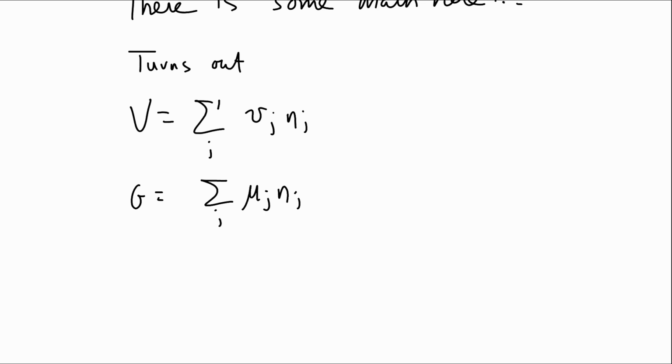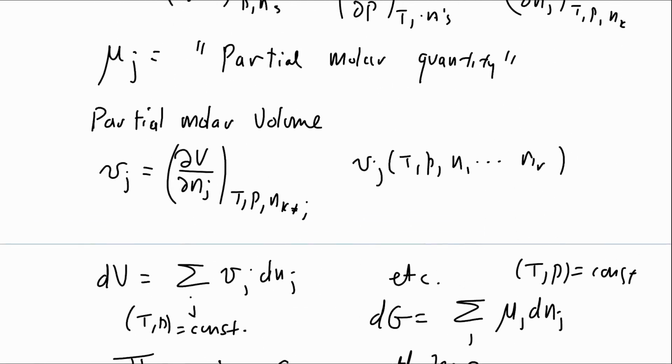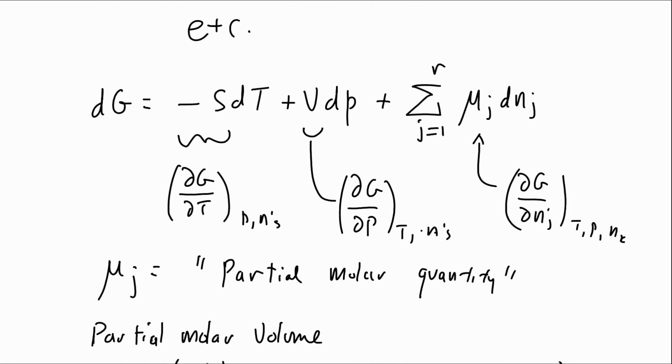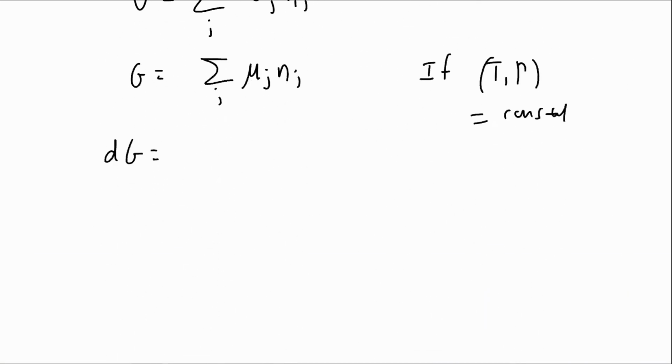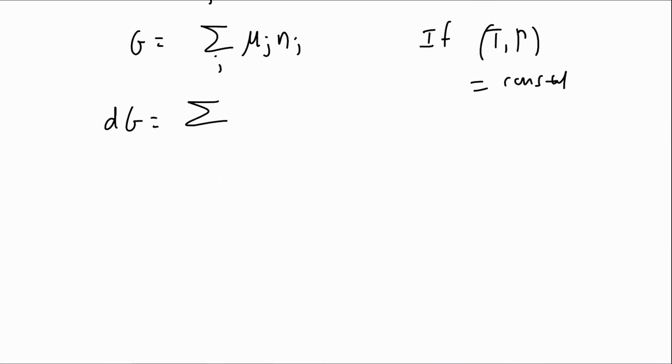But we know, if T and P are constant, then dG, I know from above, is the sum of mu sub j dn sub j, right?